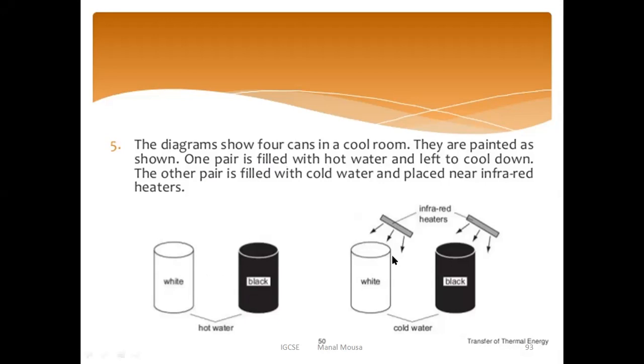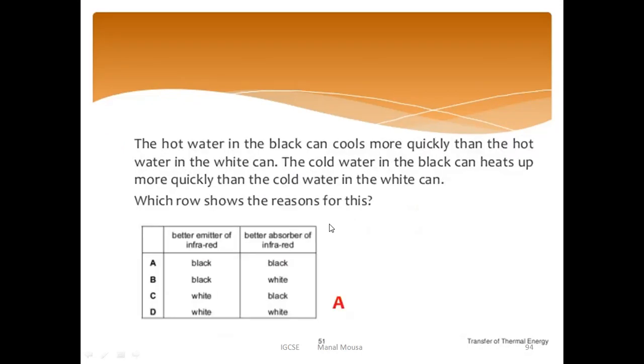Hot water, then after they are placed in front of infrared heaters. Now the question: the hot water in the black can cools more quickly than the hot water in the white can. The cold water in the black can heats up more quickly than the cold water in the white can. Which row shows the reasons for this?